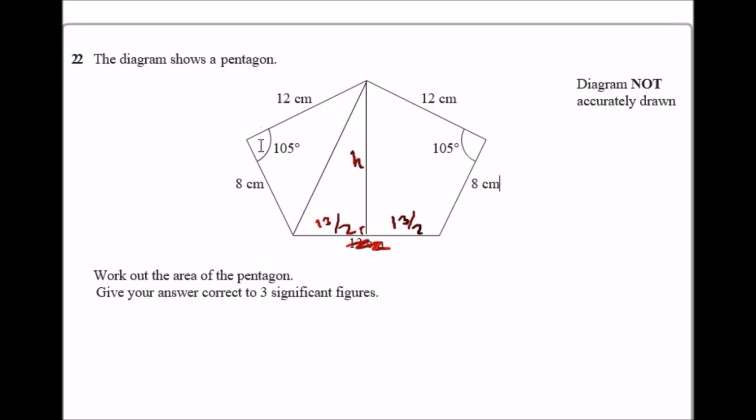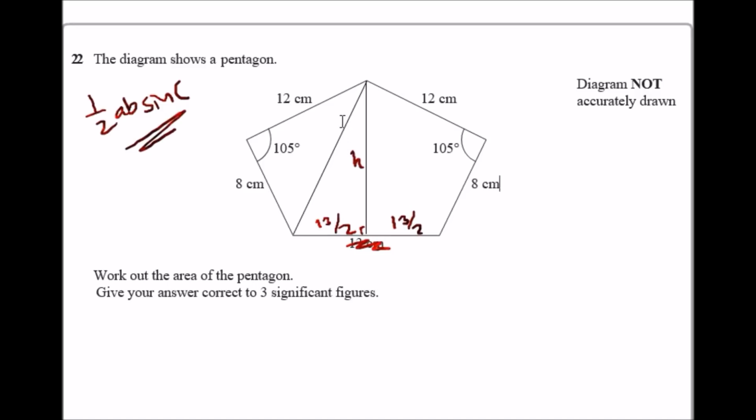However, we can actually work out the area directly for this triangle because we have an angle between two lengths, and this follows the rule, half AB sine C. That is the area of a triangle. Basically, if you have two lengths A and B and an angle C between them, you can work out its area using this formula. So that's sweet. So that's done.